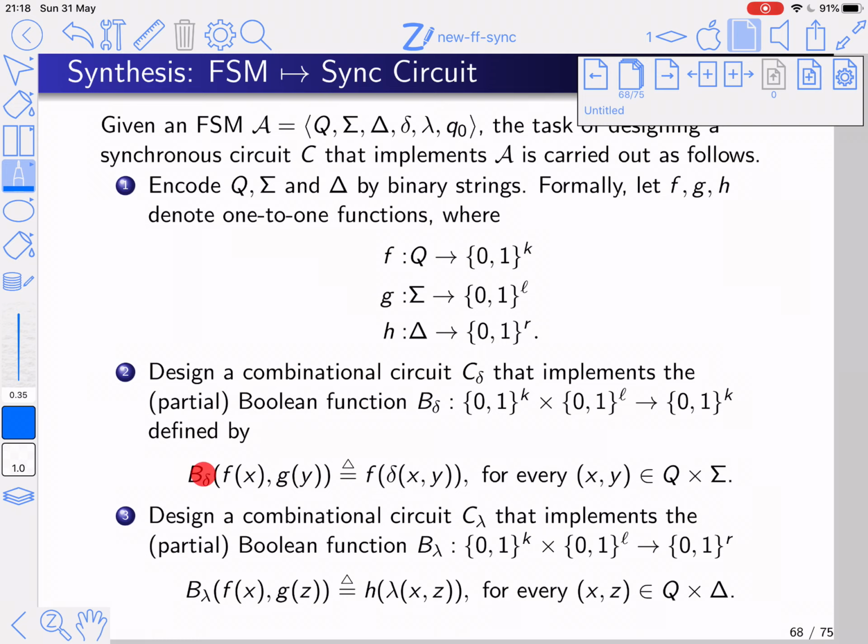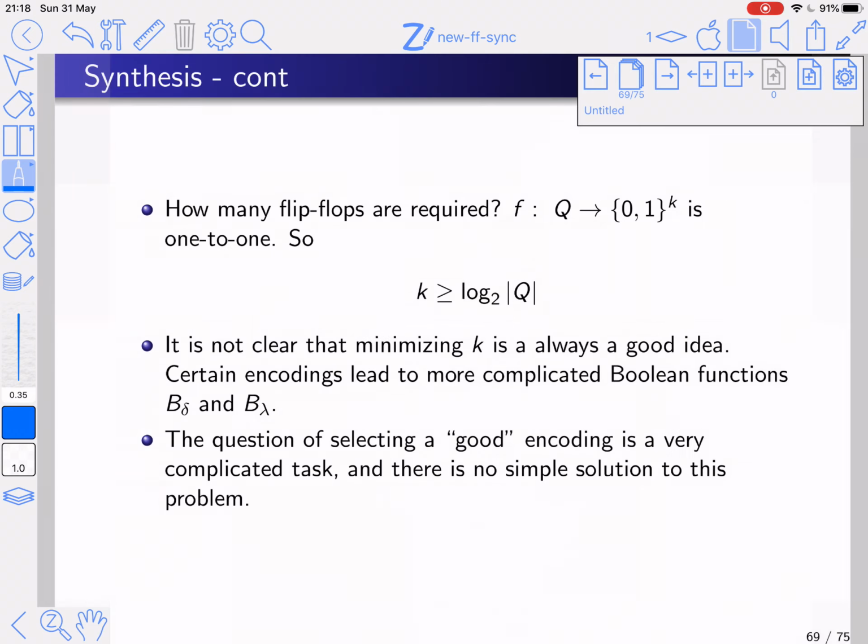This is a Boolean function or a partial Boolean function, which I know how to implement using a combinational circuit one way or another. I do the same for b lambda, and that is how I do synthesis, and I cannot offer any real optimization for this purpose.